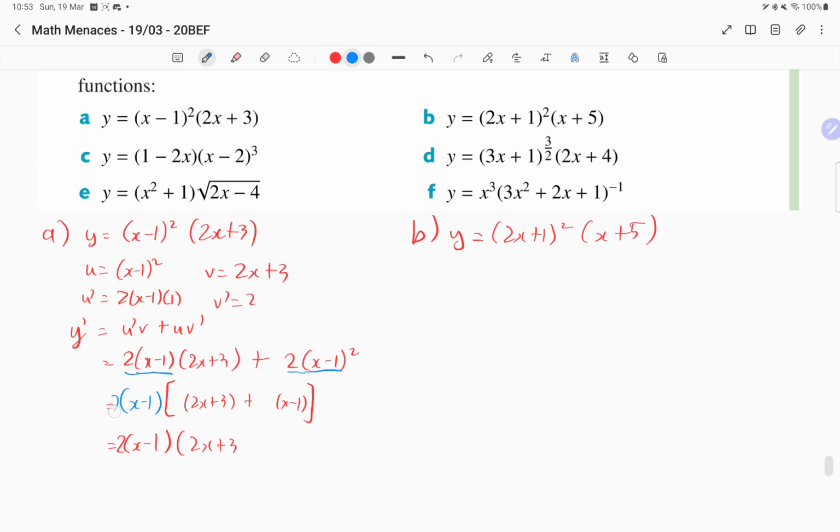You're taking that out as a common factor, not cancelling it out. Alright, in this step there are 2 terms, and this whole thing could be a factor, right? And then the other one, when you take out 2 and 1 of the x minus 1, you're left with 1 of the x minus 1. Yeah.